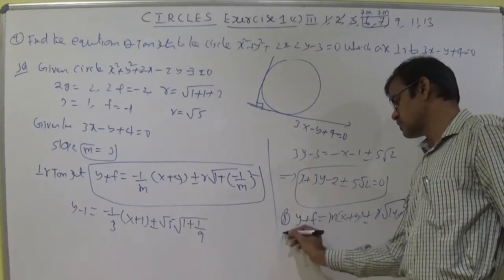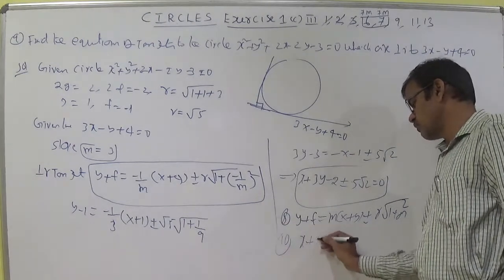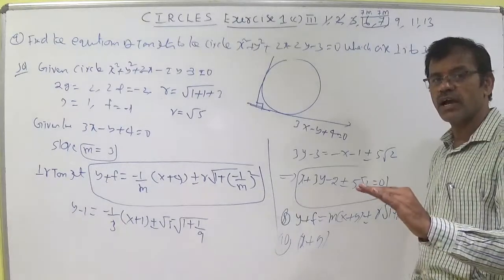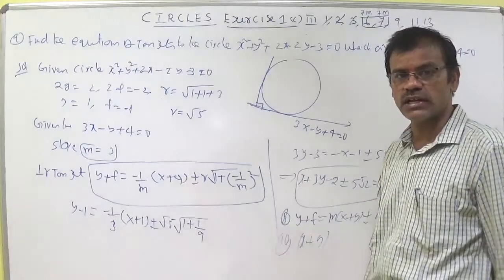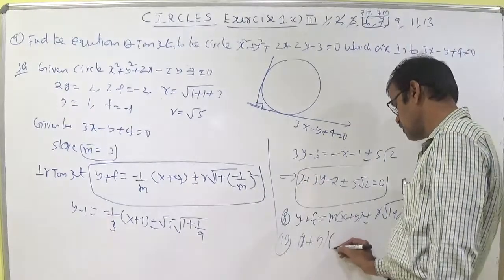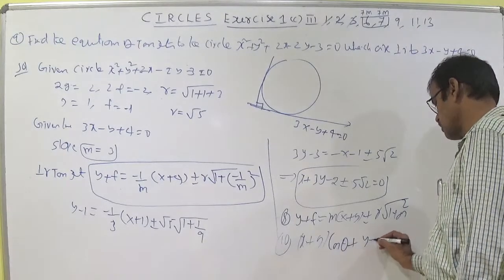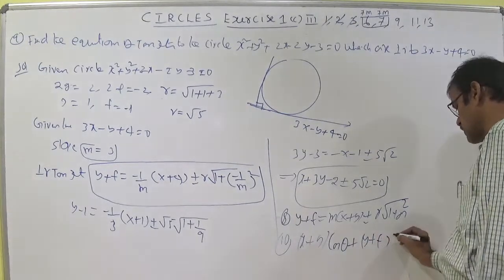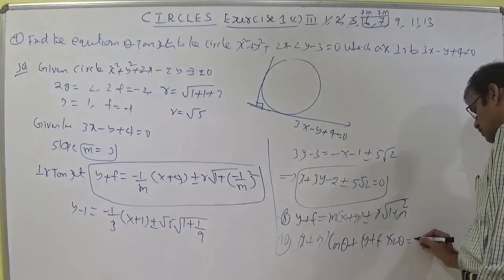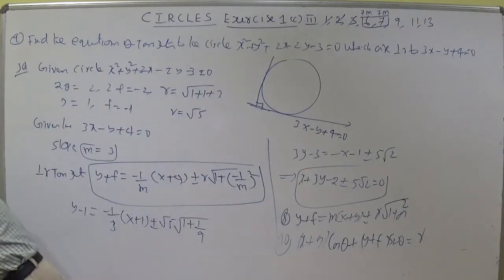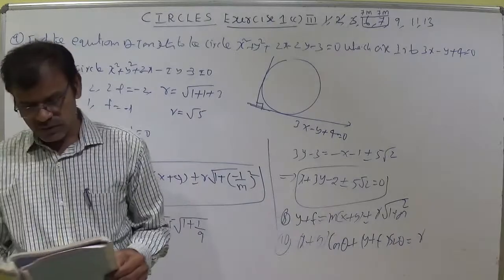For the 10th question I am giving a hint. He gave the equation of the circle and a tangent making an angle 45 with the positive direction of x axis. Then the equation of tangent formula is x plus g into cos theta plus y plus f into sin theta is equal to r. That's all. Find the r and calculate.